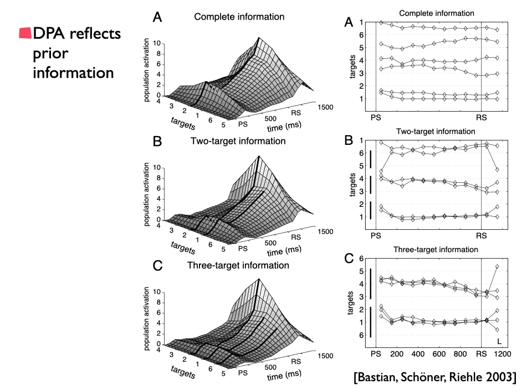So in that experiment, we actually had different conditions in which monkeys were given different prior information before the go signal. Here at this time, the response signal was given, and that told the monkeys exactly which movement to make. So here the monkey knew it was going to be target 2, and there was just a go signal, while here the monkey knew it was going to be one of these 2 targets, and at this point the monkey was given that information, which of those 2 becomes real, and there's a condition where it's 3 targets, and then the monkey selects one of those 3.